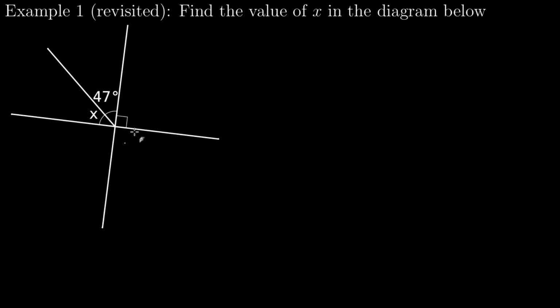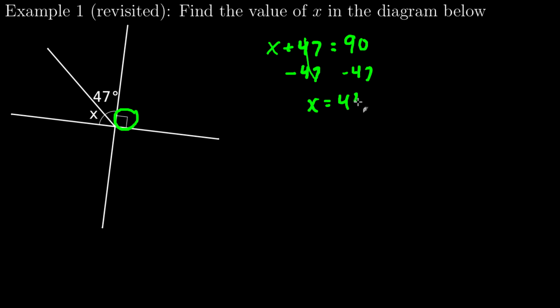What I notice is this. I notice that I have a right angle. That also means that right next to us, we have a right angle, which means that x plus 47, I'll drop the degrees for now, bring them back at the end, equals 90. I'll subtract the 47 degrees from both sides, and I end up with x equals 43 degrees. Now, you might not like that method or might have seen a different thing.